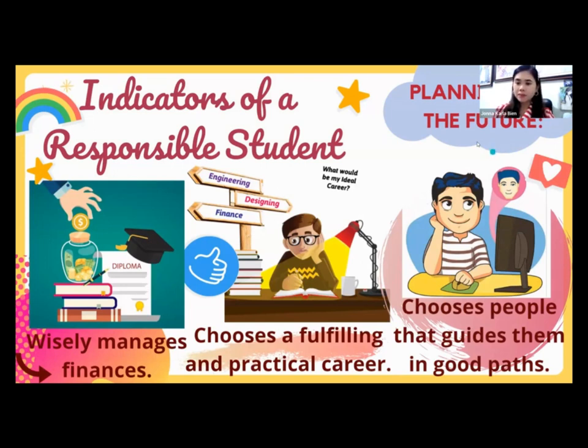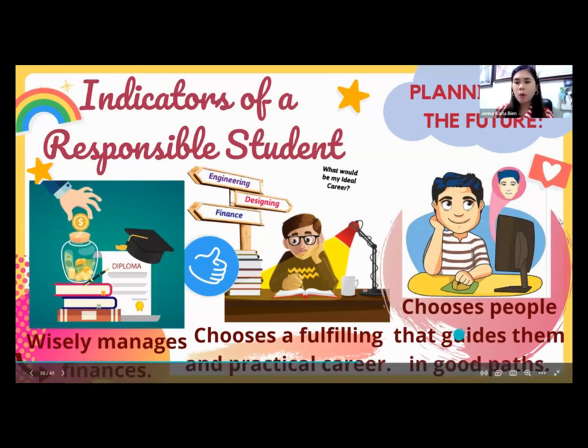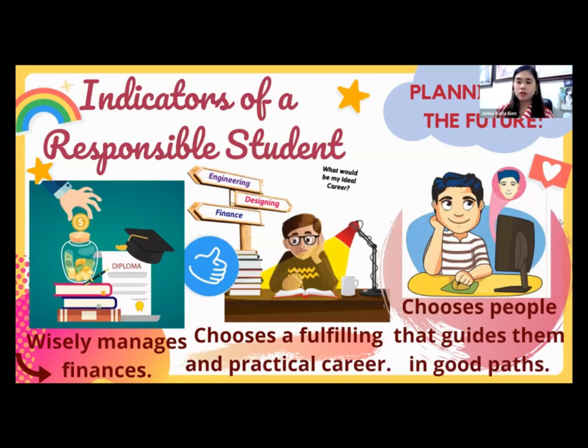And then here, chooses people that guides them in good path. Of course, you also plan for your future. You also think about what are you supposed to be in the future. We have to be with the right people because these people will lead you to a good path.